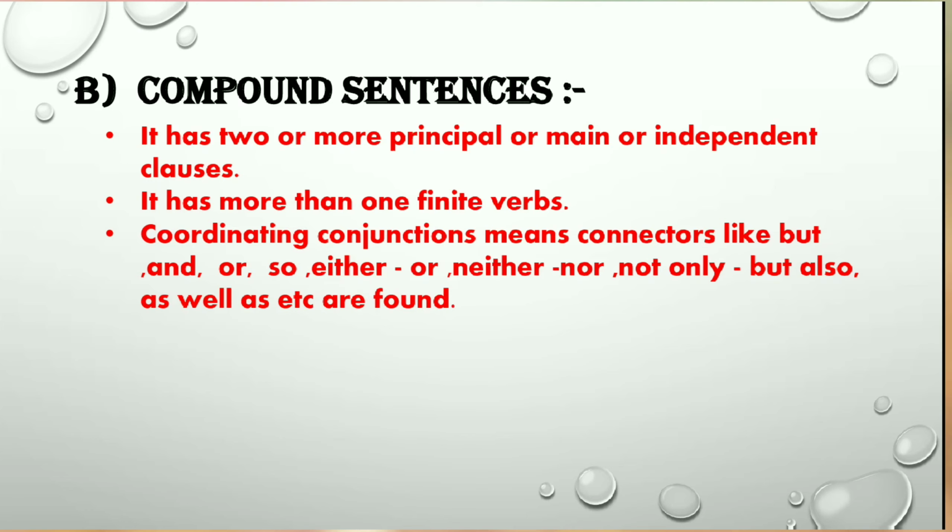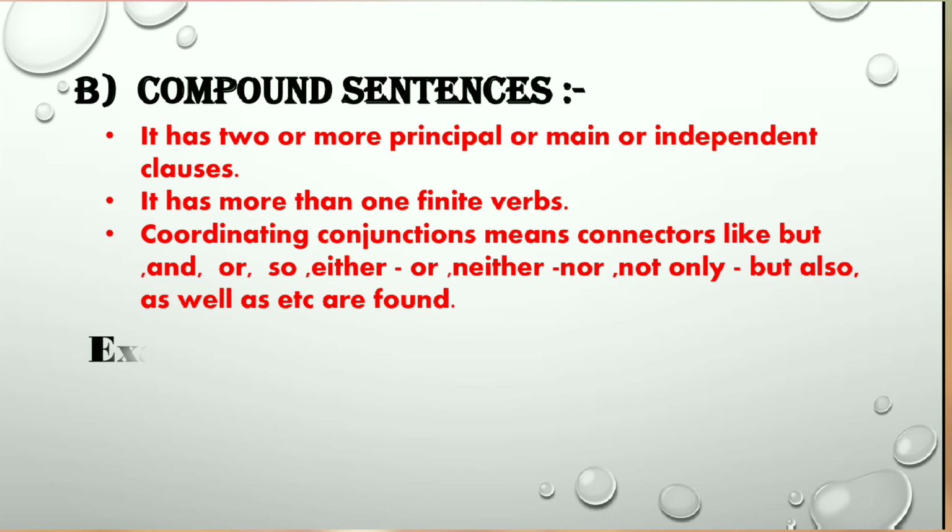Now in compound sentences, you have more than one principal or main or independent clause. Also, these two or more principal or independent clauses are joined together with coordinating conjunctions, like connectors, which are given in the sentence.